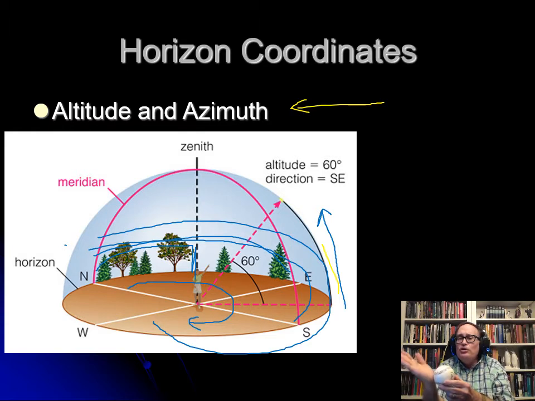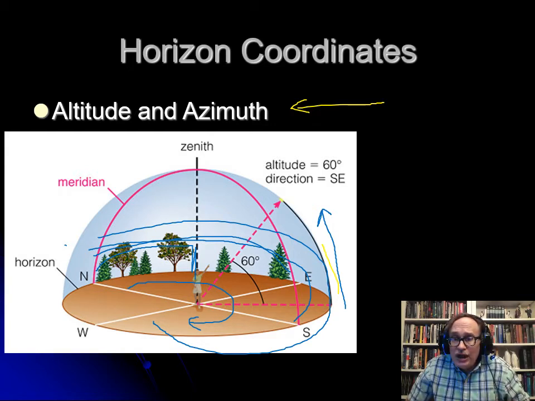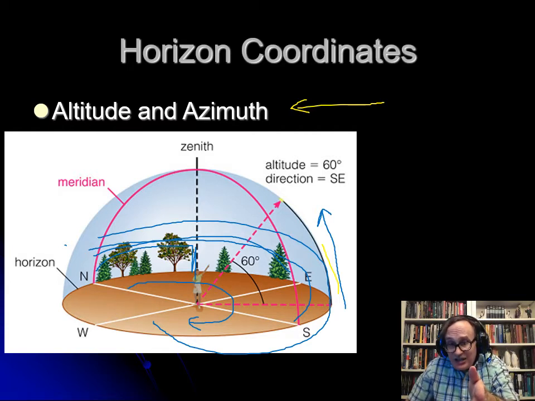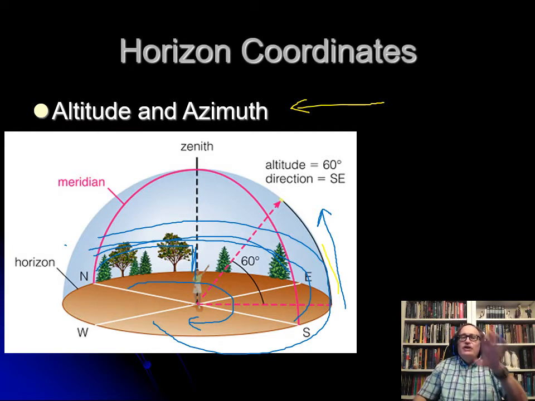On this part of the Earth, you look that way to see it. On this part of the Earth, you look that way to see it. So there might be a star out there that's east of somebody, but west of somebody else, and north of yet somebody else. So that means the altitude and azimuth depends on where you are.